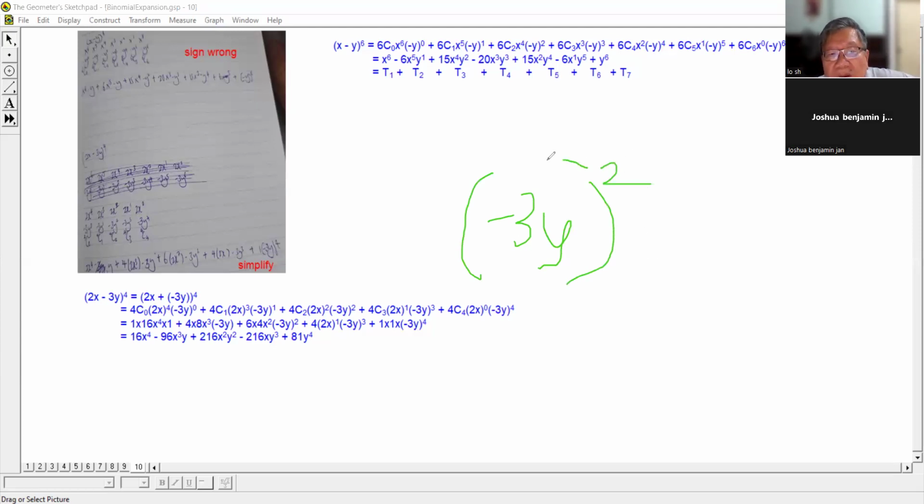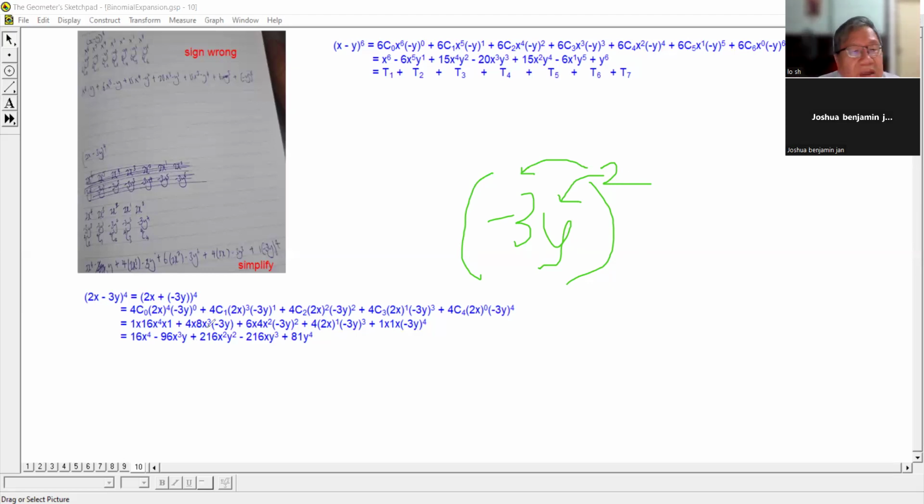So this square, you give to the negative 3, this square you give to this. So this one squared, what is it? 9, correct. This one squared, what is it? y squared. Right? This one, y squared.